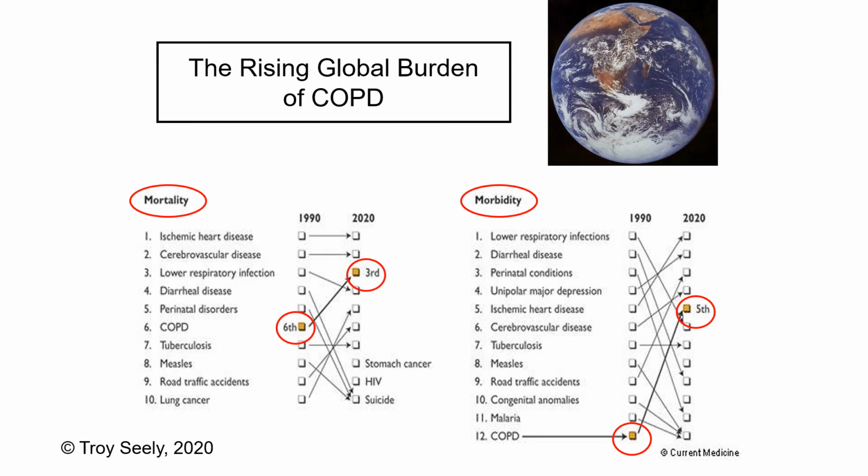Unlike some conditions which maintain their position, if you look here related to mortality, cerebrovascular disease is still 2nd overall. There'll be others that have shifted down. COPD and other associated aspects, for example, lung cancer, seem to be shifting in an upwards trend.